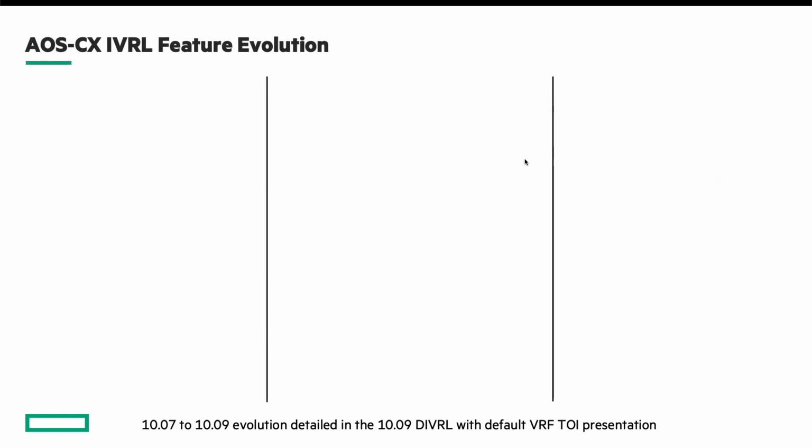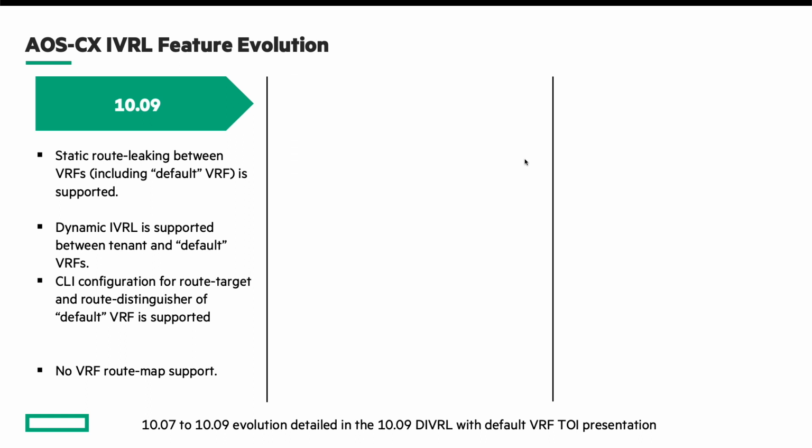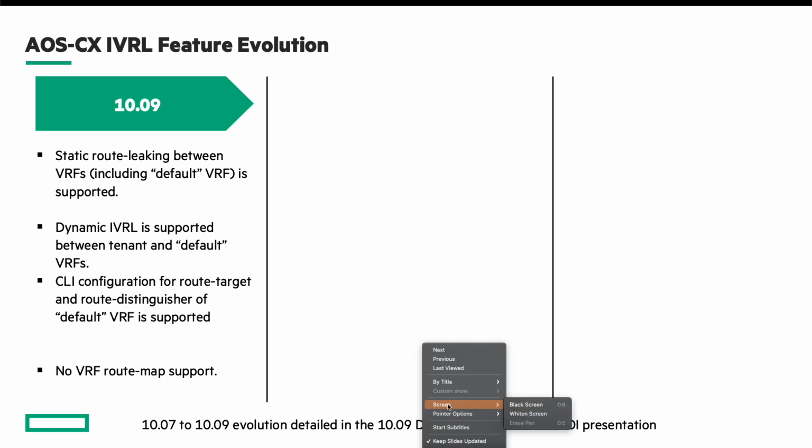Is it a completely new feature for AOS-CX? Not really. Dynamic IVRL was already covered in the 10.9 TOI, so I recommend you have a look; the exact name is DIVRL with default VRF TOI presentation.